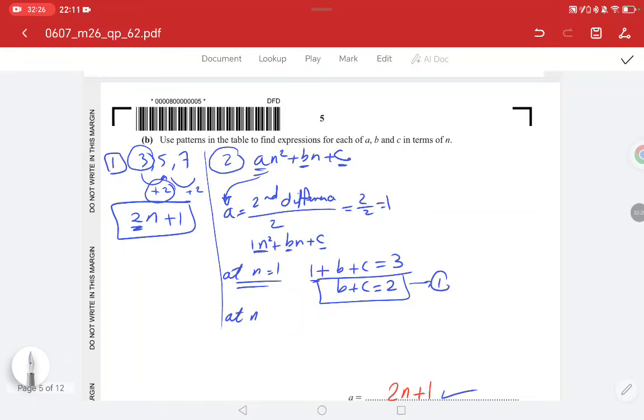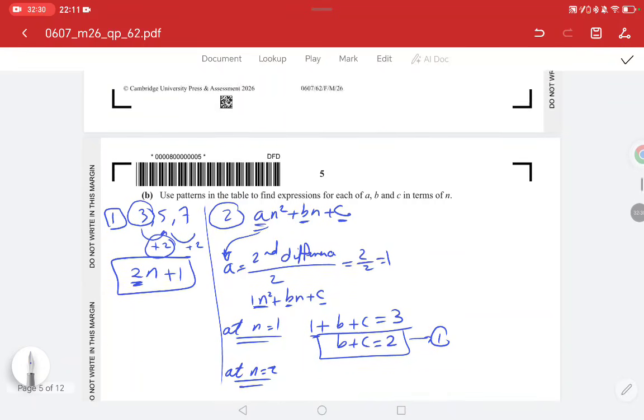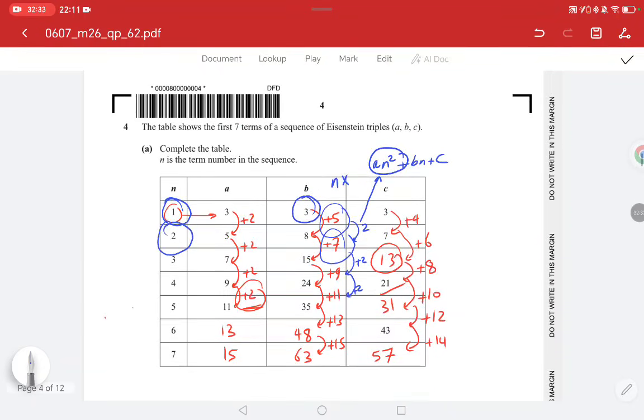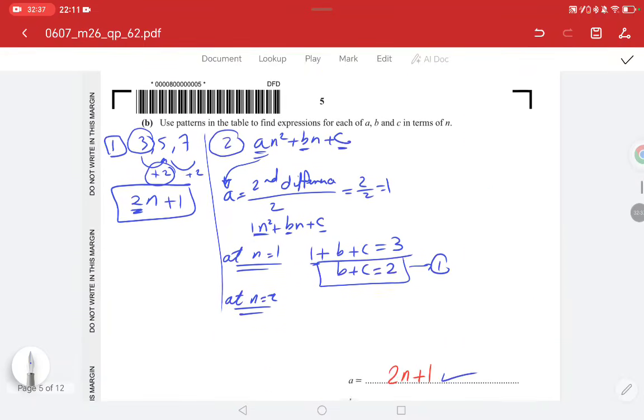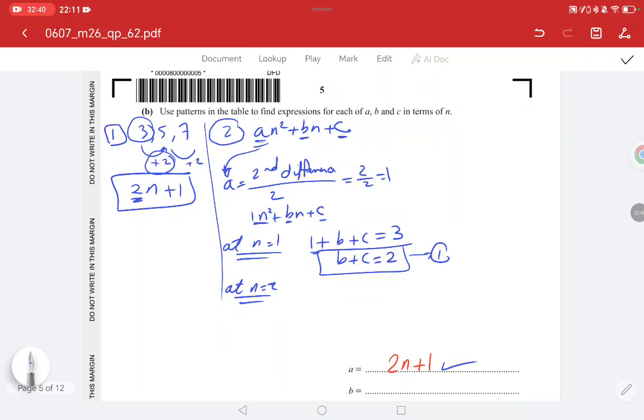Now at n equals 2, the value here is 8. Let's substitute by 2. So 2 squared is 4, plus 2b plus c equals 8. So 2b plus c equals 8 minus 4, which is 4. This is the second equation.